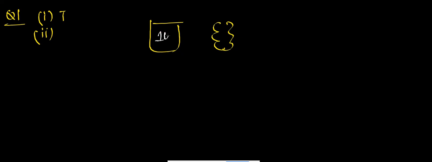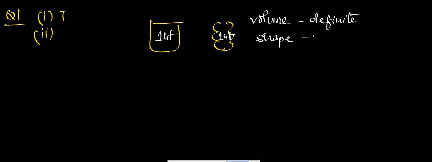Suppose I take 1 liter, whichever is the shape of the bottle, the volume is same. 1 liter, 1 liter, only shape is different. So volume is definite, shape is indefinite. That's why it takes the shape of the container.